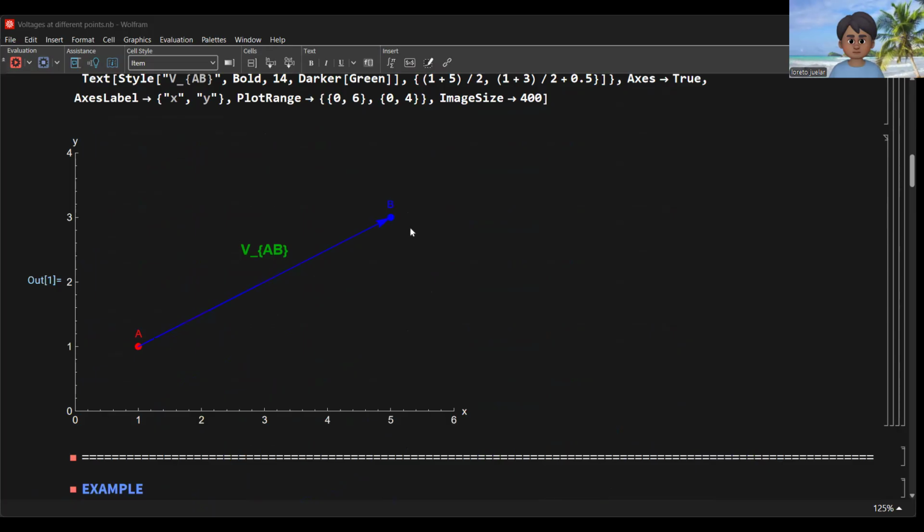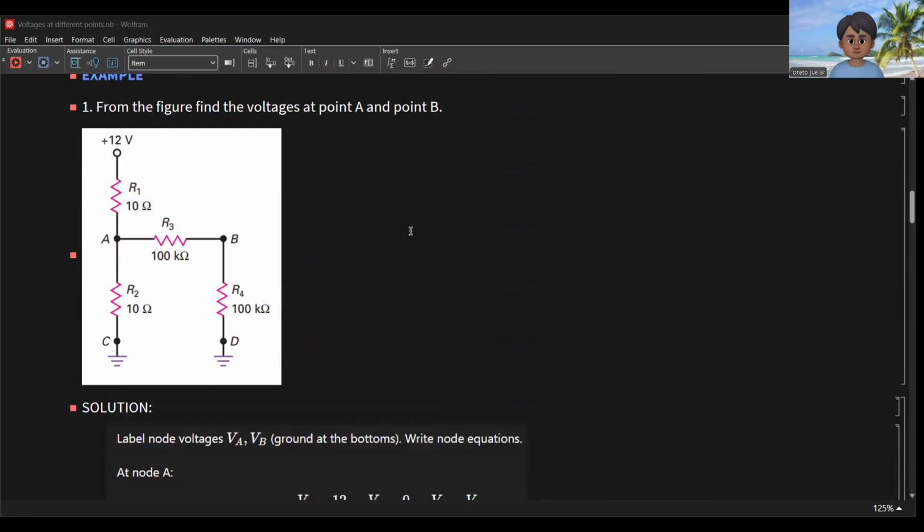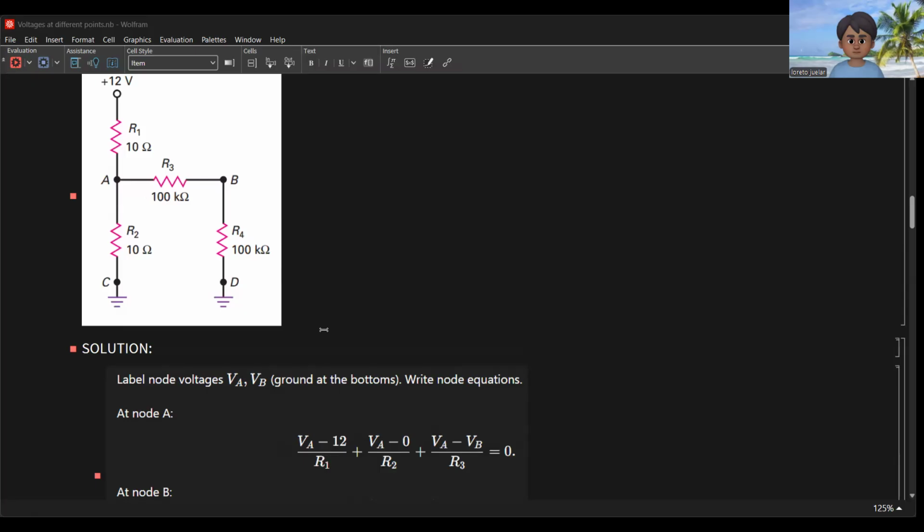So we have an example here, and we have the equations here.